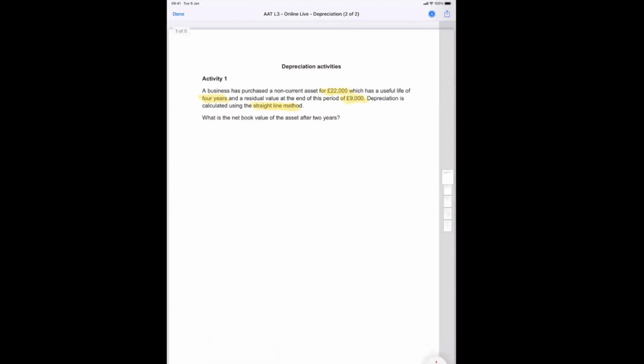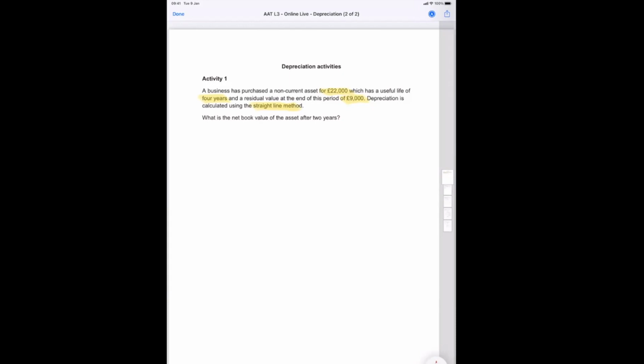The first thing we need to do is calculate the amount of depreciation. We have been given a residual value, which means we're effectively starting at £22,000 and 4 years later we're going to be ending at £9,000. The difference is the amount of depreciation that we need to apply.